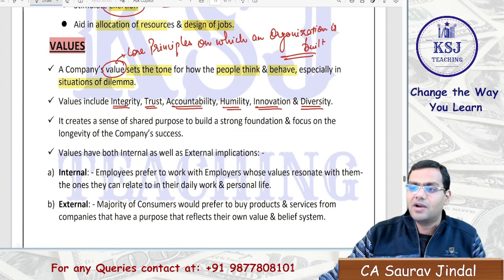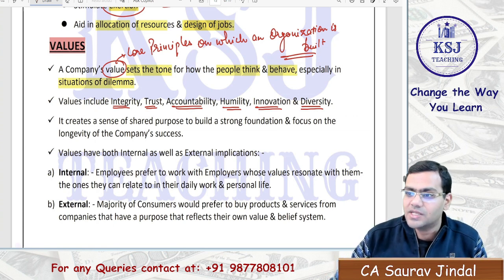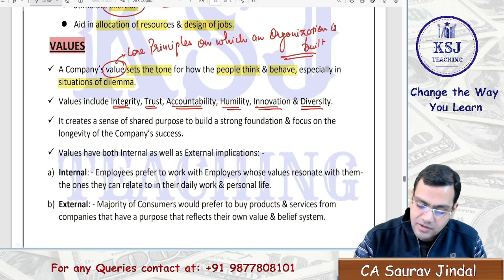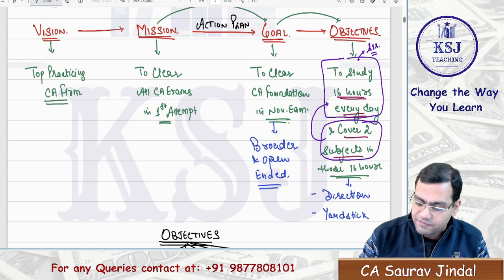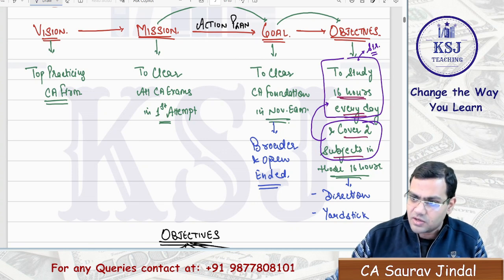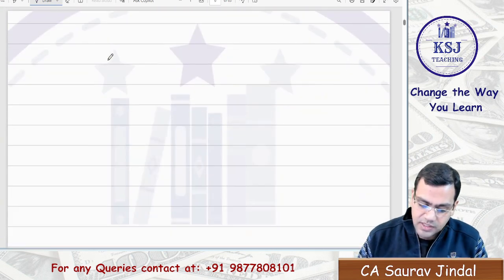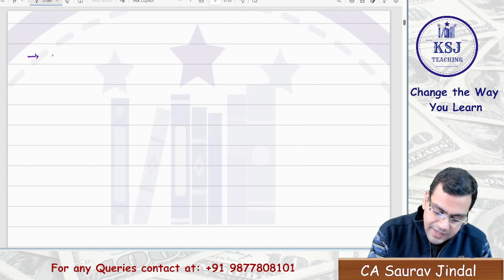Integrity means that whatever work we do is going to be ethical and transparent. I'll write it down here. We are talking about a few things. One, integrity. What is integrity?